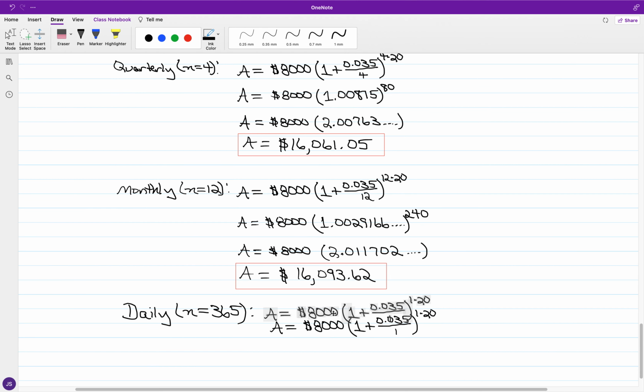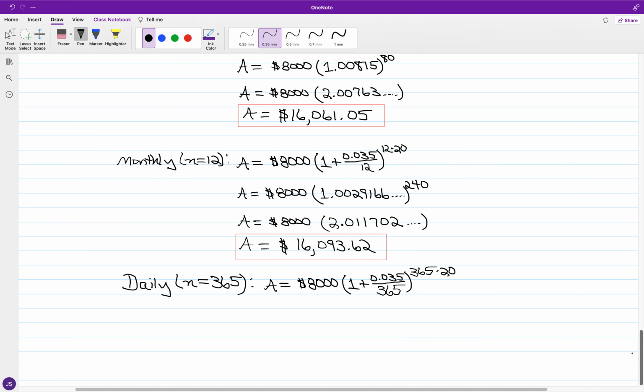With this setup, the principal is still $8,000, the time span is still 20 years, and the quoted percentage rate is 3.5%. Now for n, we have a small decimal number to begin with, and it's about to get a lot smaller because we're dividing by 365, and for n times t, about 365 times 20.